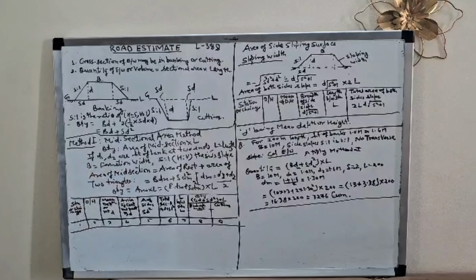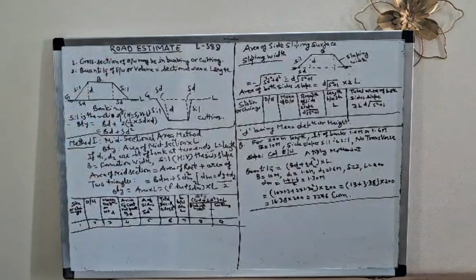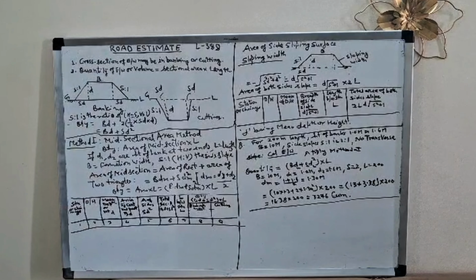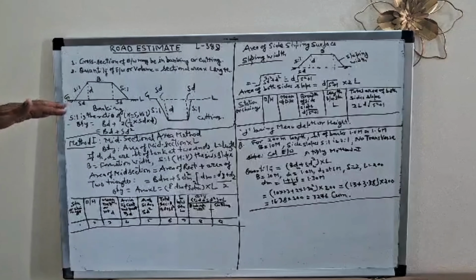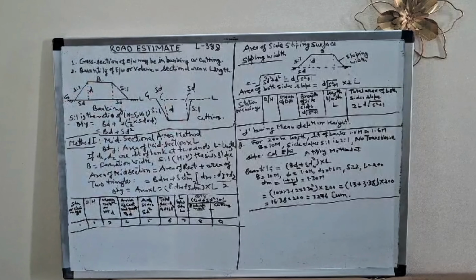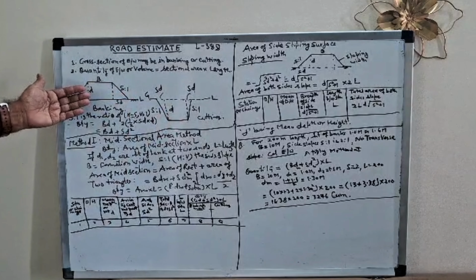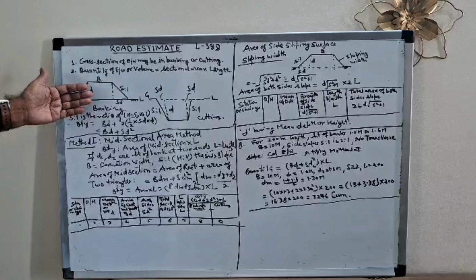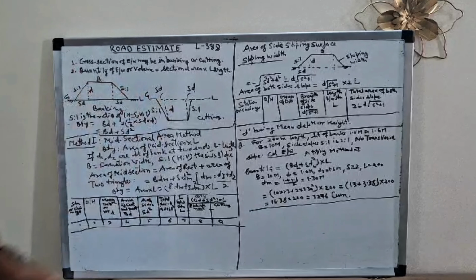It may be in banking or cutting, maybe above the ground level, like a flyover. If you go for a tunnel, then you have to go for cutting. So this can be banking, or embankment, and this is called cutting.